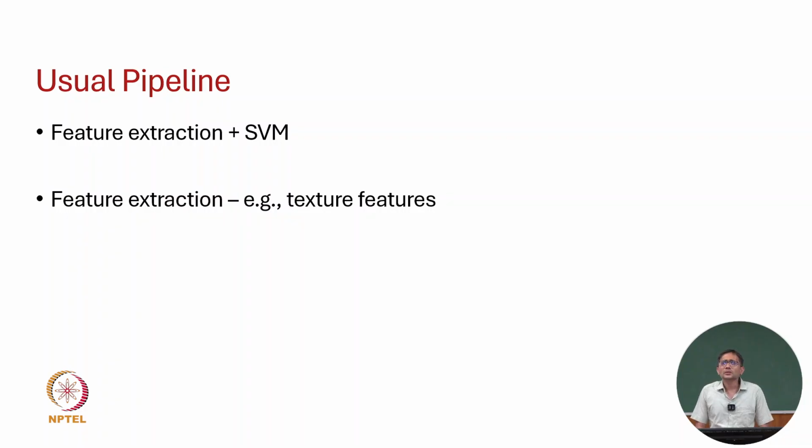Those are not learned. Unlike, as we'll see later in the case of the CNN, where the feature extraction itself is coupled with the classifier. So with this usual pipeline, how shall we proceed?